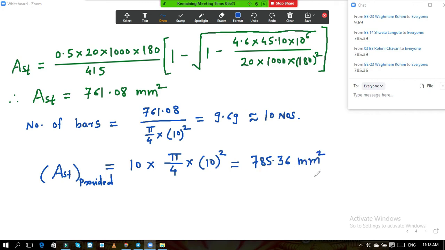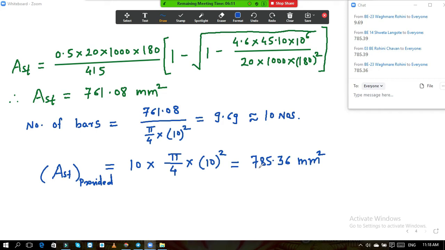So 785.36 mm square. This is our area of steel provided. Whatever the required area of steel is 761.08, and we are providing 785.36. So it is more than required. So it is safe again.